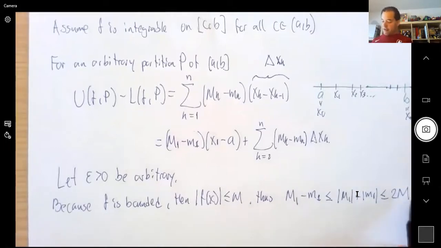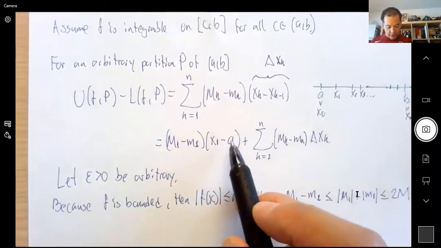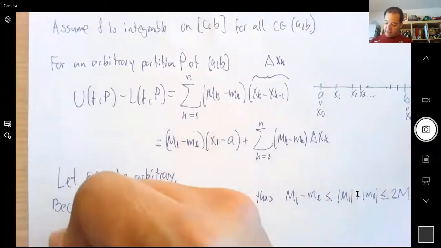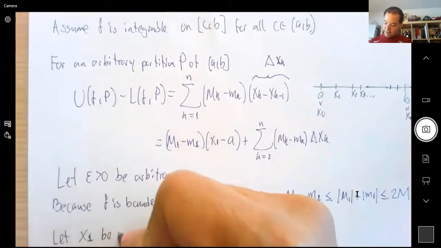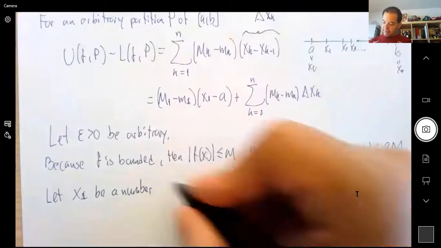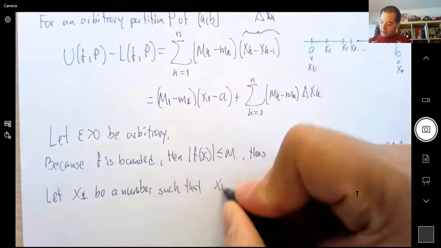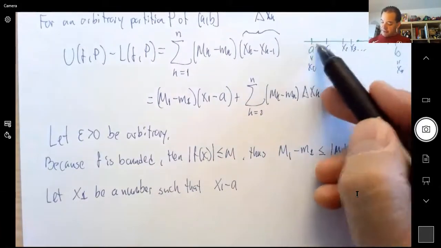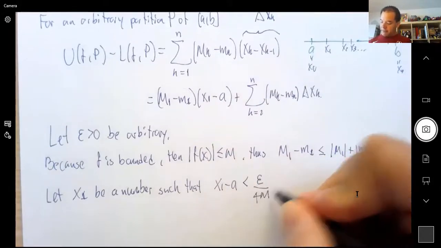And once I know that this is at most 2M, I now can control x1 minus a. So pick x1, let x1 be a number such that x1 minus a, so this difference, is smaller than epsilon over 4M. Right?